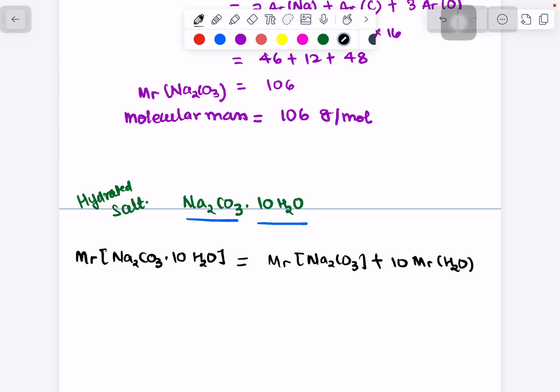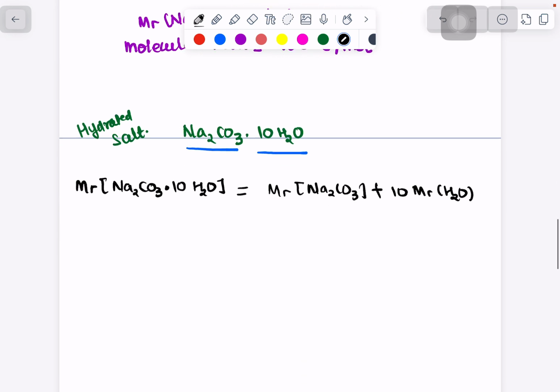Now, you see a dot between Na2CO3 and the water molecules. We are not going to multiply it. The relative molecular mass is the sum, so we need to add them together. Follow the definition. We are not going to multiply it, as a lot of students get confused. They multiply it, which is wrong. We'll just multiply the relative atomic mass with the number of atoms present in the molecule. So here we're going to add them together.